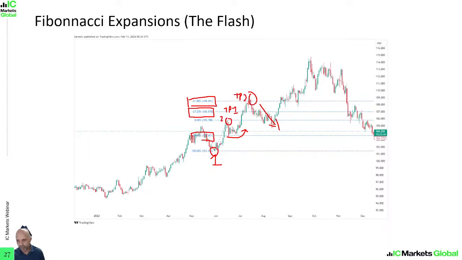So you can see how in this scenario as well, you can use the Fibonacci expansion levels to help us identify potential take profit for the potential bullish breakout. Similarly, when price gets exhausted at negative 61.8%, it starts to reverse to drop lower. It's also helping us to identify a potential short entry as well.